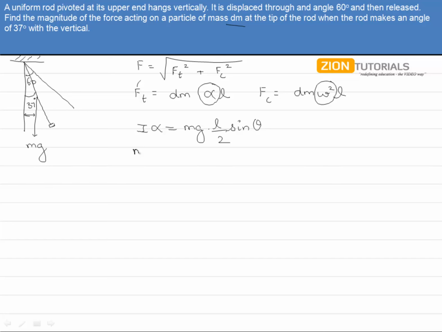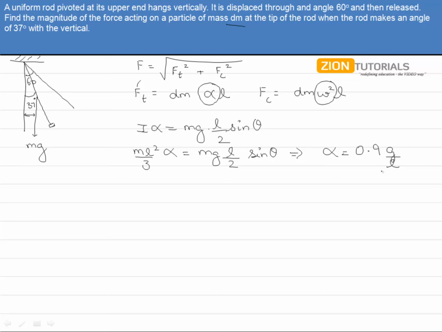Putting the value of I as mL squared by 3, because it is rotating about the end, we get mL squared by 3 times alpha equal to mgL by 2 sine theta, giving alpha equal to 0.9 g by L.